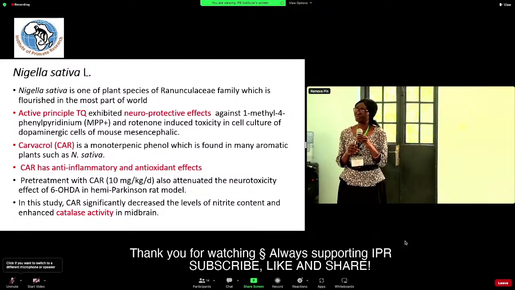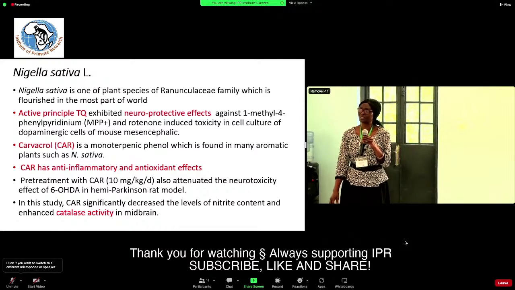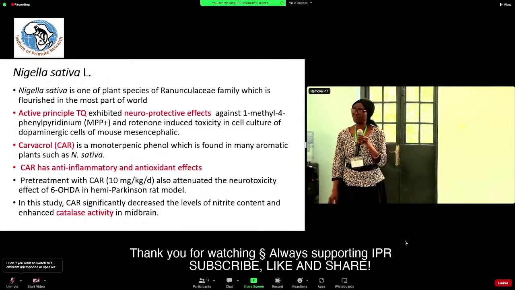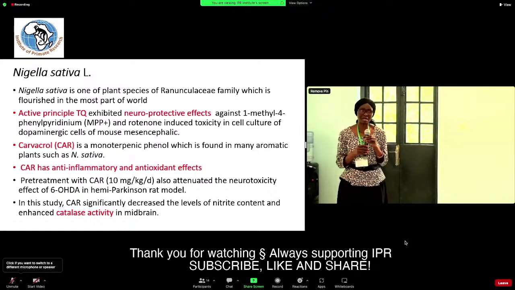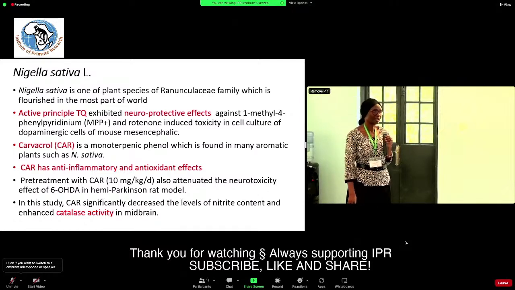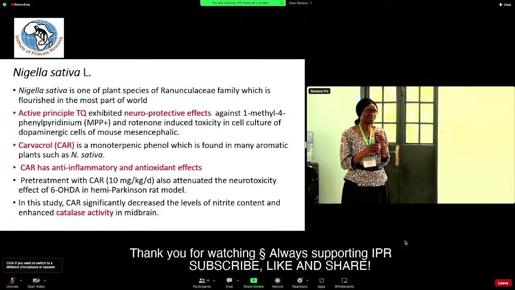They are also able to attenuate neurotoxicity caused by 6-hydroxydopamine in the hemi-Parkinson rat model. So again, this has been proven and there is published work to show the importance of these herbal products in the management of Parkinson's disease. Next.